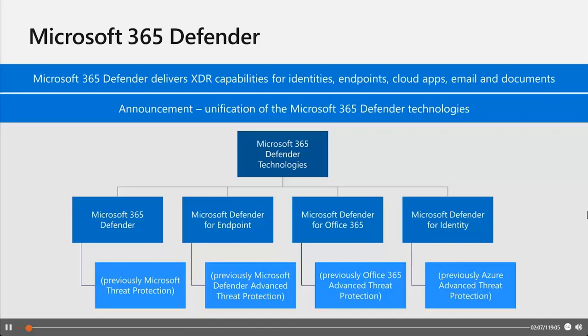So with this Microsoft 365 scenario and the Defender options, you have all around XDR capabilities ready for identities, for endpoints, for cloud apps, for email and documents, so that you discover on which device sensitive content is and operate in your security mode.